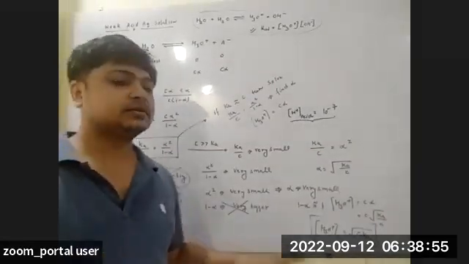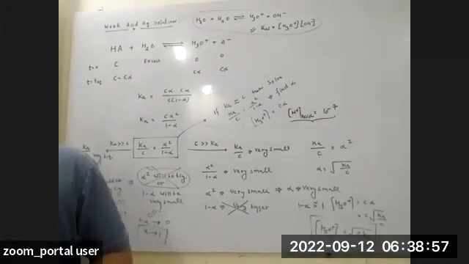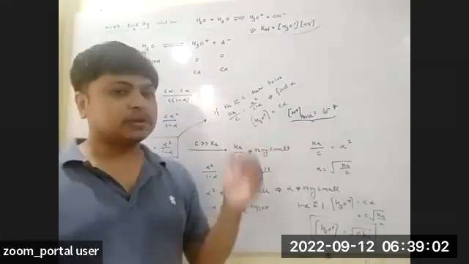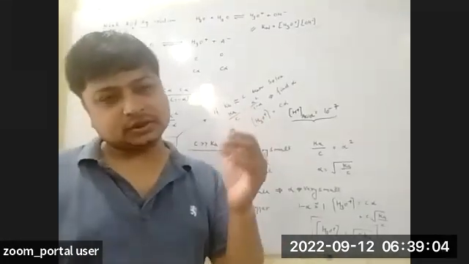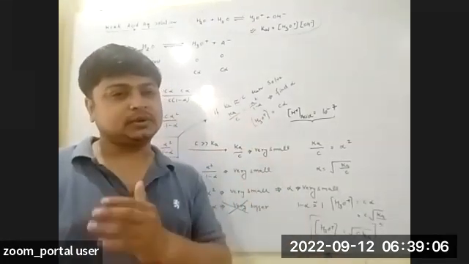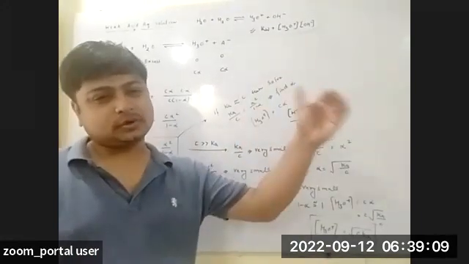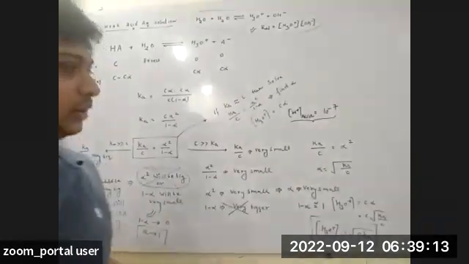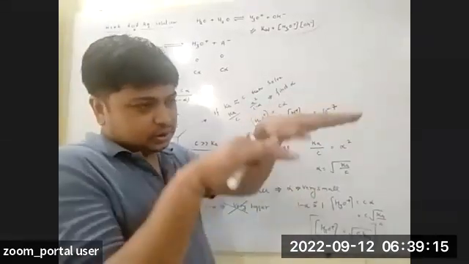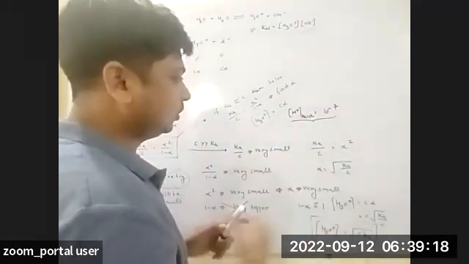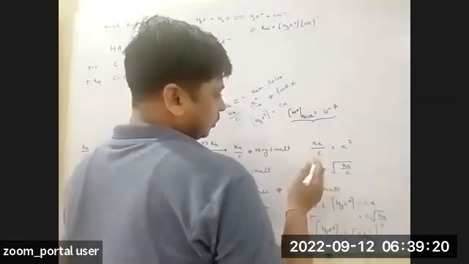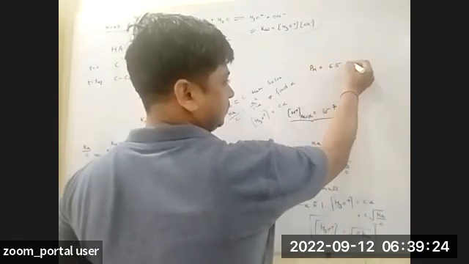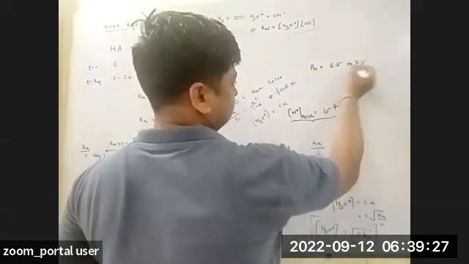In this case, you will have to consider the contribution of water. But in normal cases, if your pH is 4, 5, 6, 1, 2, 3, or 13, 14, the number can be anything. But if it is closer to neutral, let's say pH is coming 6.5 to 7.5.